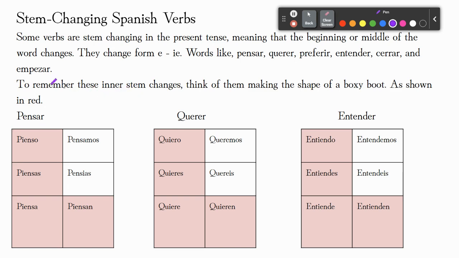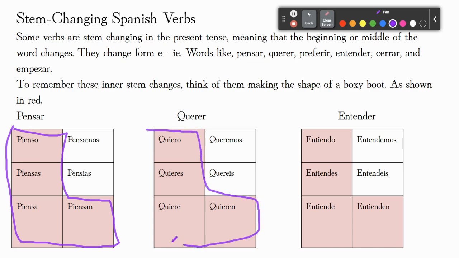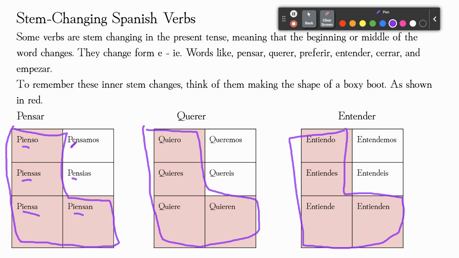Usually the easiest way to remember where these stem changes happen in a chart is by looking at a boot shape. You can see it makes a boot shape like this, and that's where the stem changes. The outer ones stay as E, but inside the boot it changes to IE.